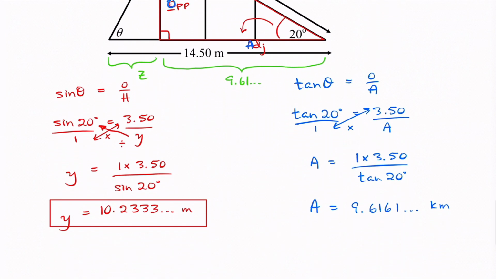Okay, so Z is going to be equal to, if I took the whole length, 14.50, and then I removed the 9.61 length, that would give me 4.8838, and then some other decimals.